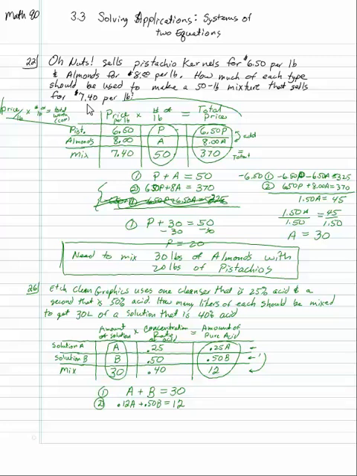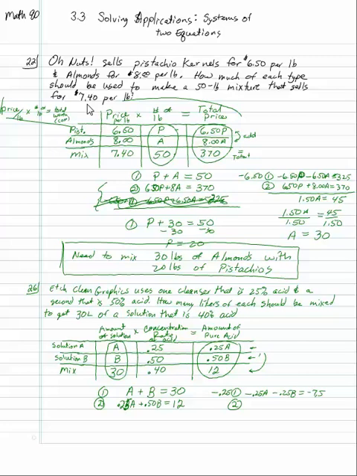And just like I did up there, I'm going to take equation 1 and times it by the smaller one, the 0.25. Which is negative 0.25A, negative 0.25B, then 30 times 0.25 is negative 7.5.